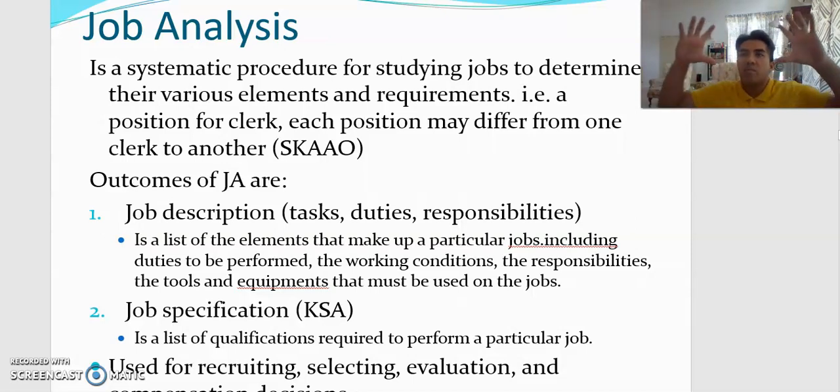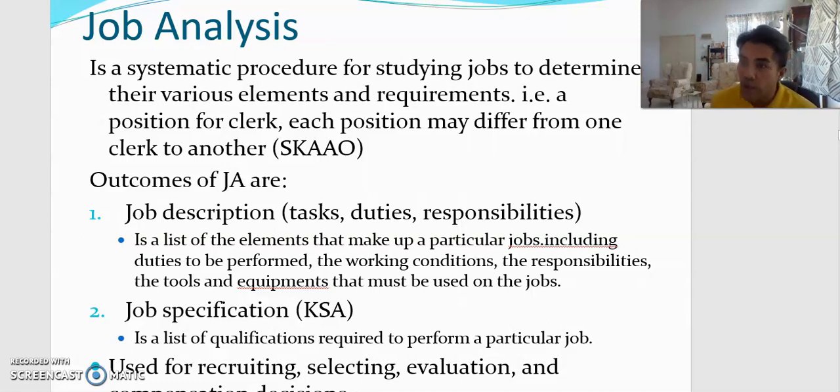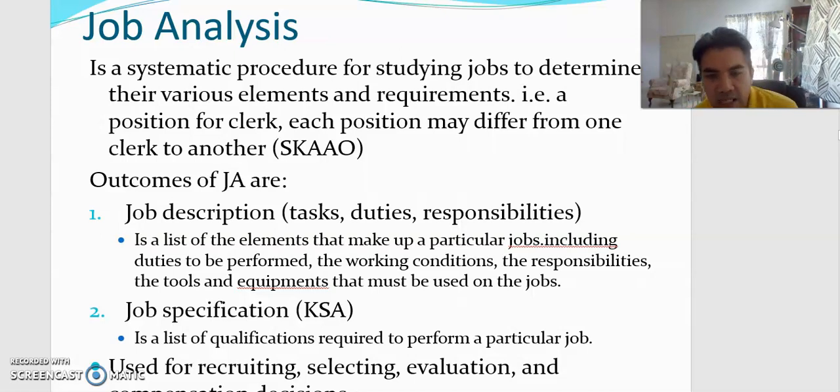So basically, the job description describes a particular job. When we read through the job description, we can visualize the things that we are going to be doing in the future. And then the job specification is the detailed qualification required in order for you to perform that particular job.